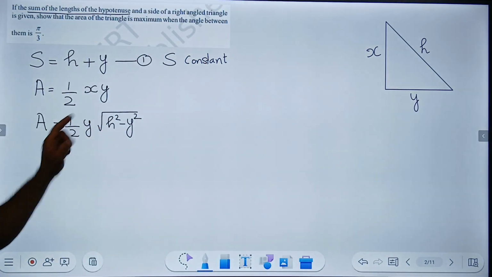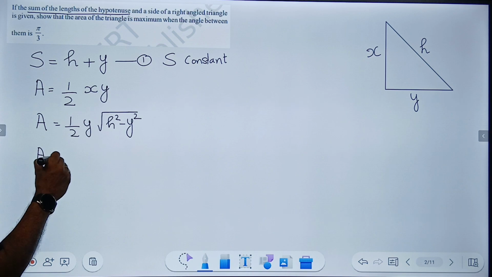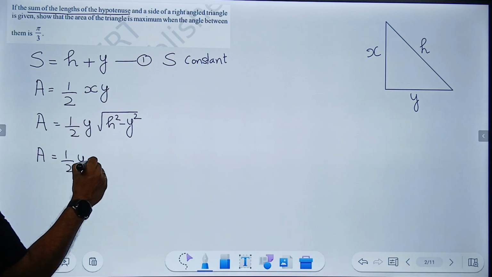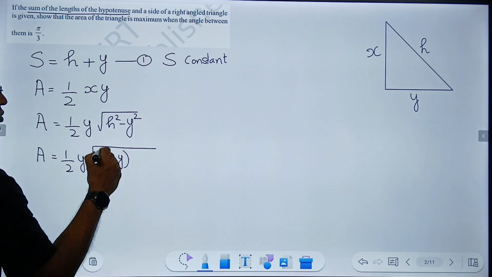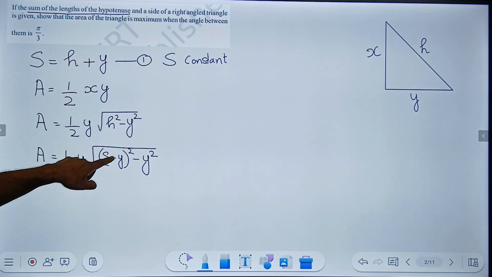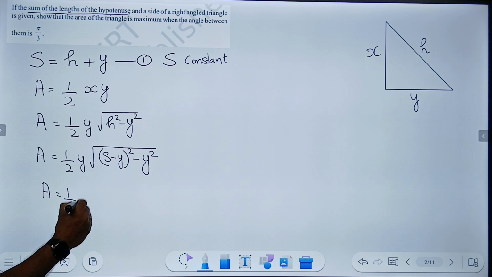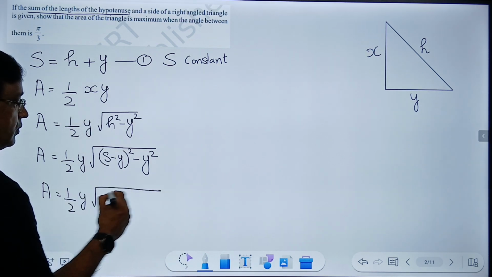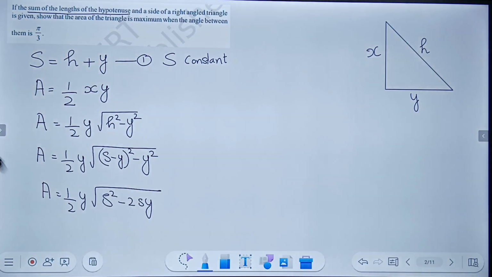But still there are two variables, Y and H. Remember, I have to bring it to a single variable. So this is half Y into root of, what is H? H is S minus Y, the whole square, minus Y square. So area equals half Y into root of S square minus 2SY plus Y square minus Y square, and the Y squares cancel.